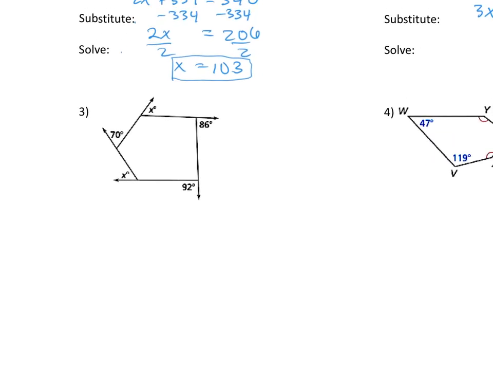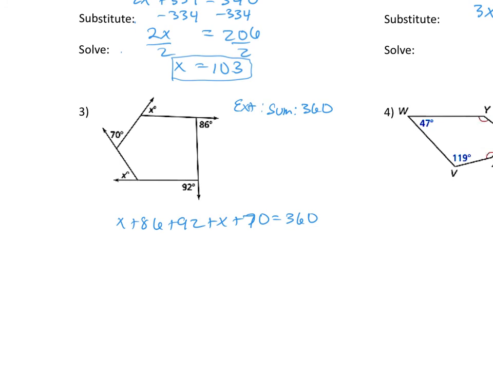All right, last couple ones. I'm dealing with exterior angles, and the sum has to be 360, always. So let's set up and solve. We have x plus 86 plus 92 plus x plus 70 must equal 360.